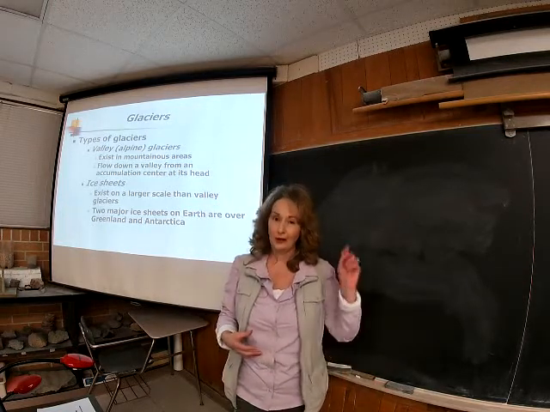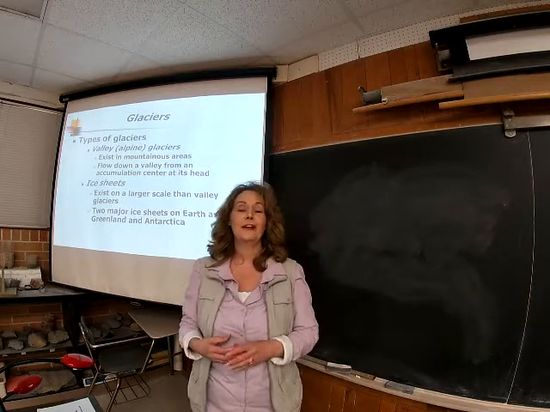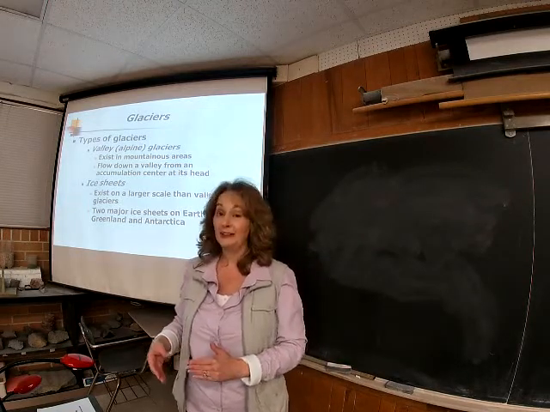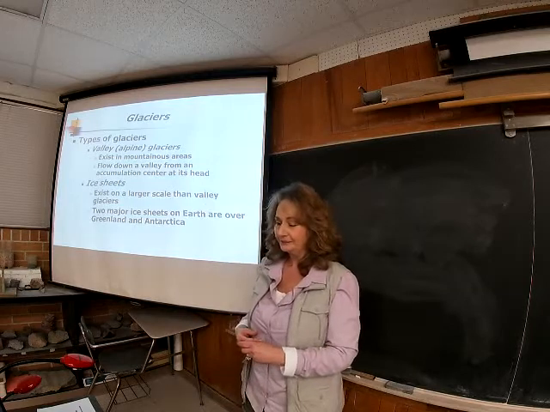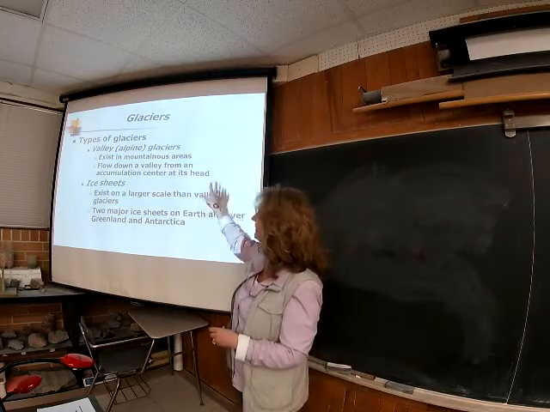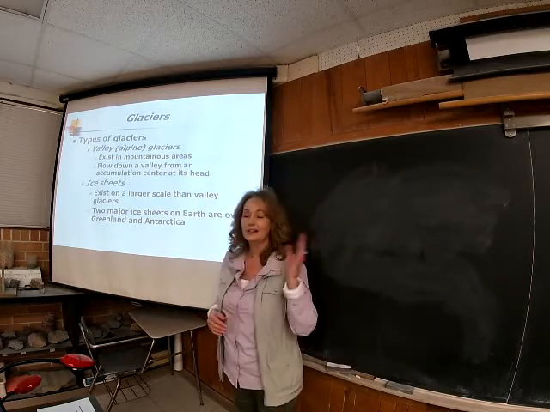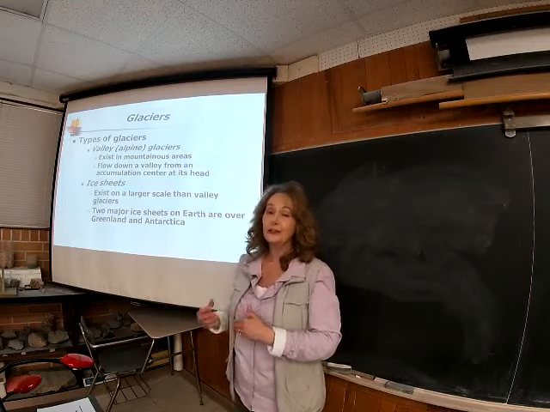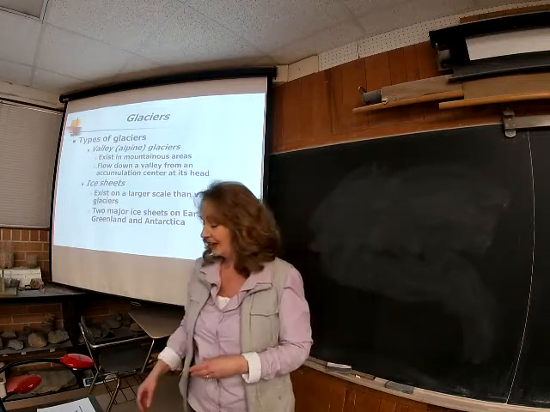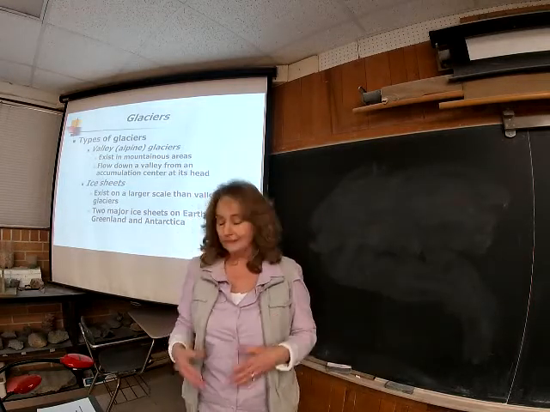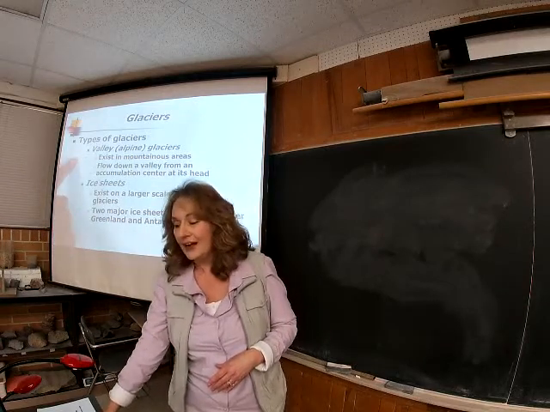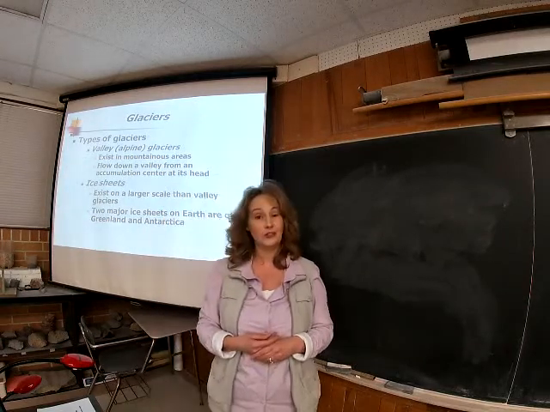Glaciers also flow under the influence of gravity downhill, always flowing in that direction. So they flow down a valley from the accumulation center at its head and continuously move their way down. So mountainous terrain for a valley or alpine glacier.